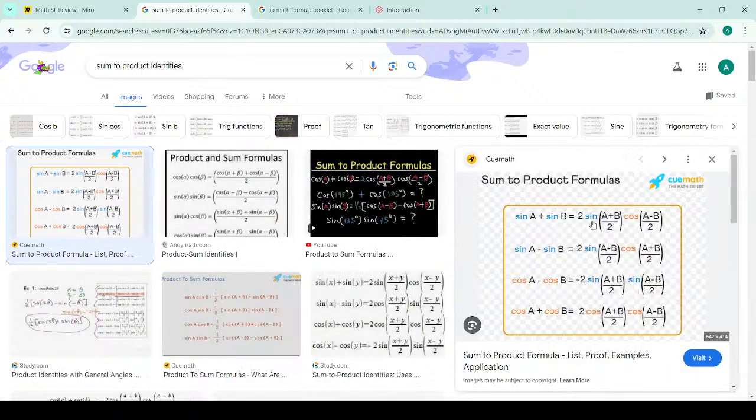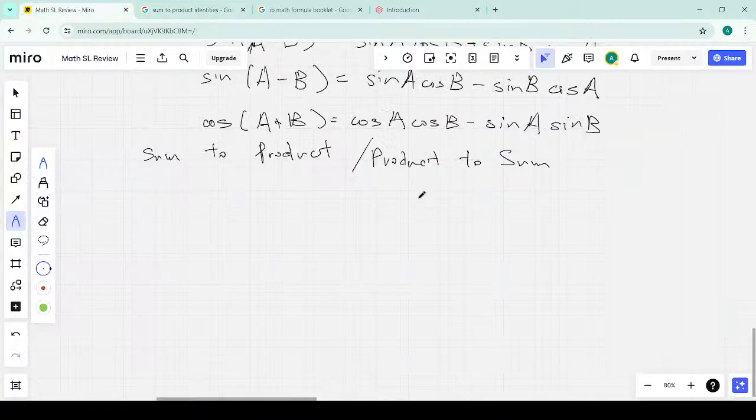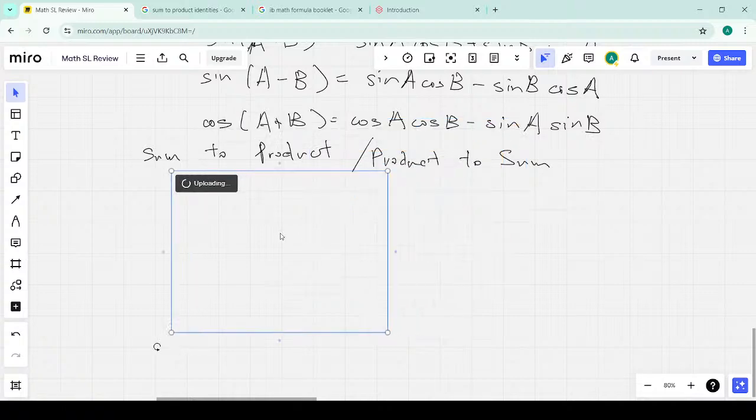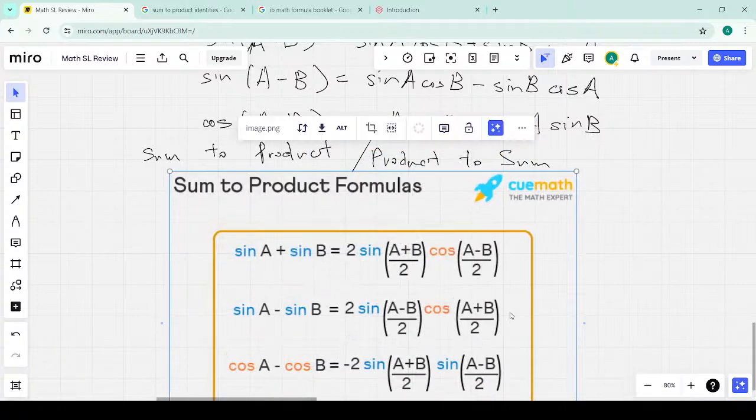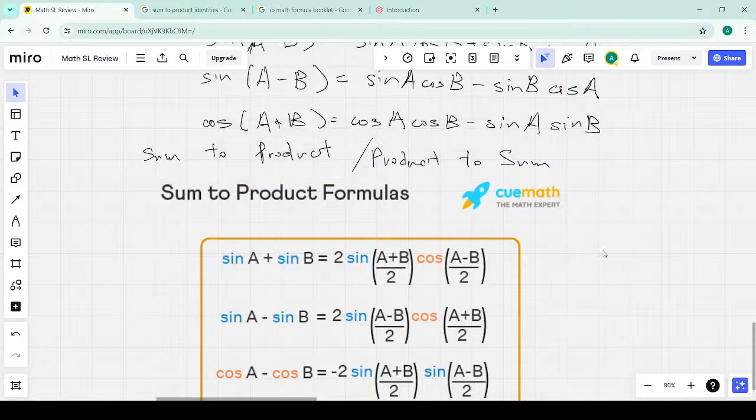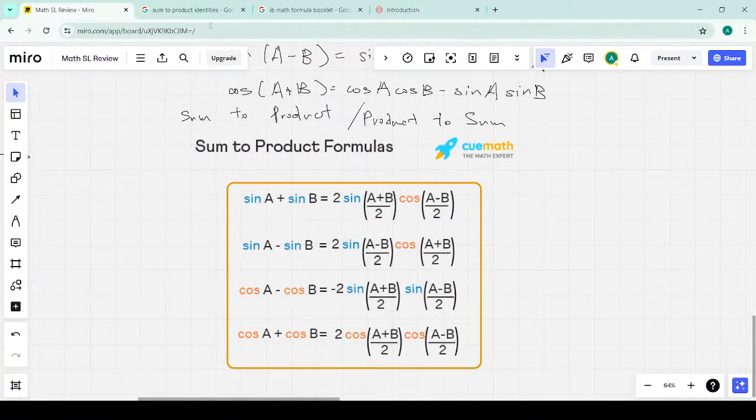So sum to product identities. Basically, the sum of two trigonometric functions can always be written as a product of two trigonometric functions. And same thing in reverse, right?